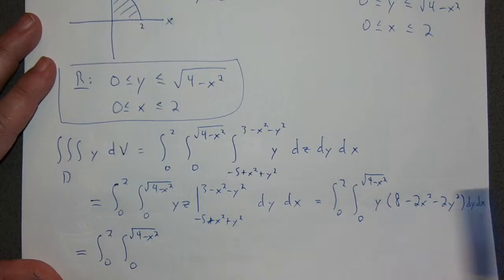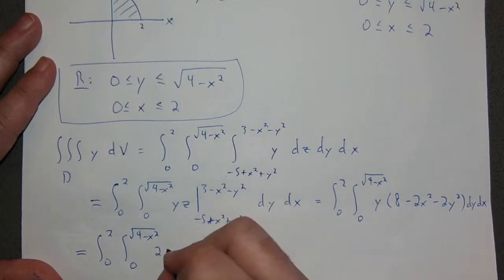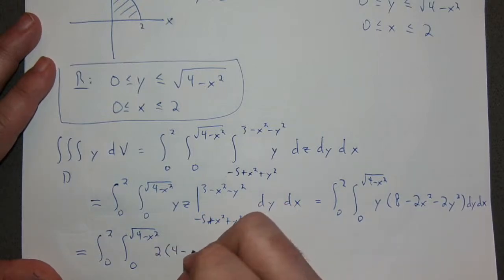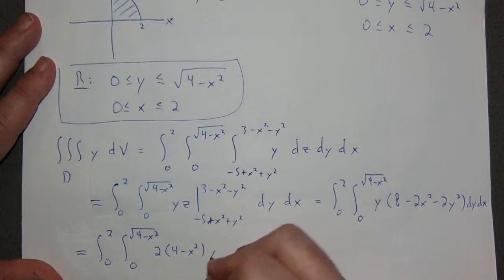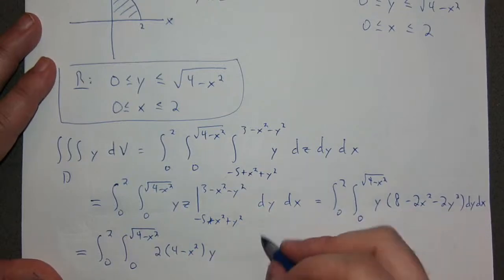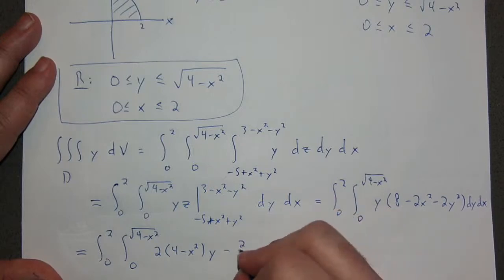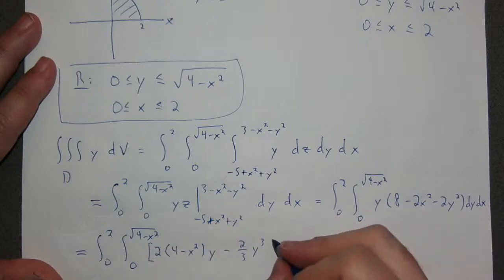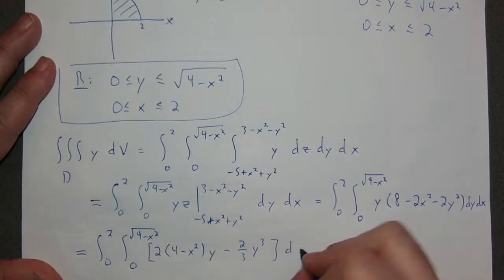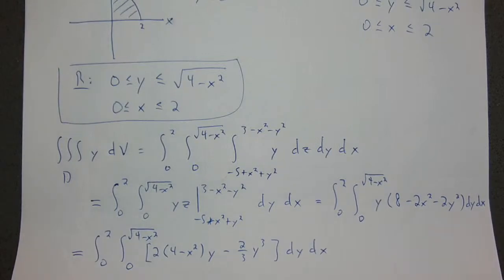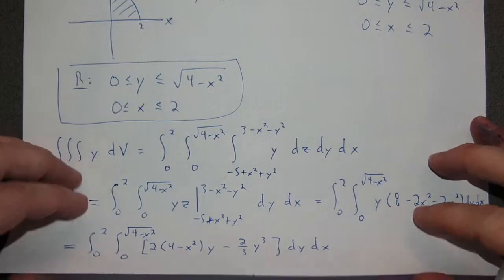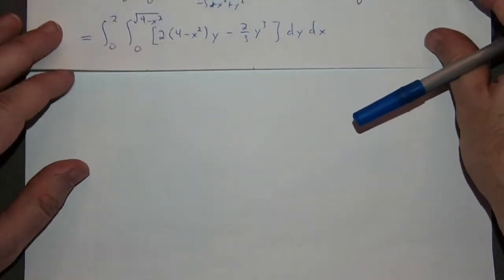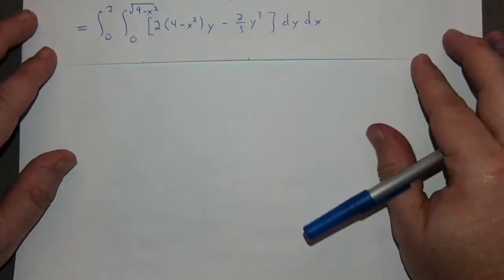Let's write this as 2 times 4 minus x squared times y minus 2/3 times y cubed, dy dx. Okay, that looks better. I just rewrote this to make it slightly nicer. Let's keep that expression on the page here.